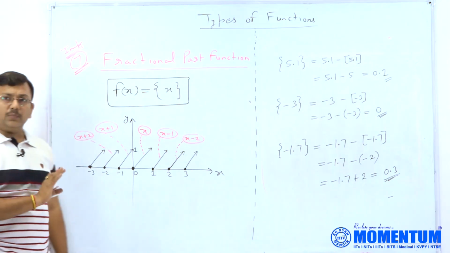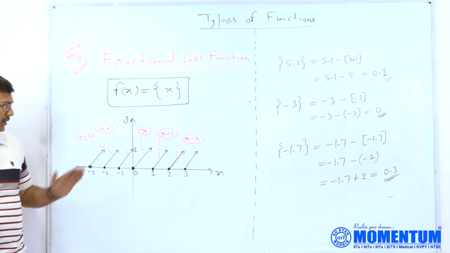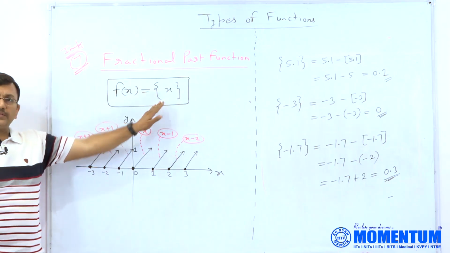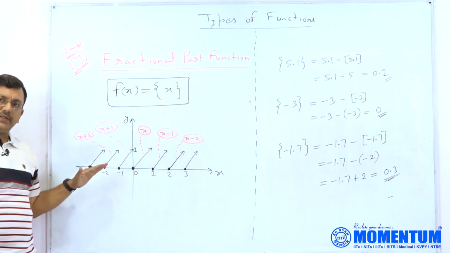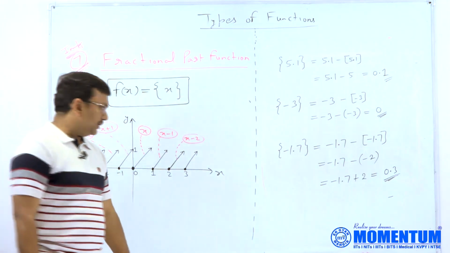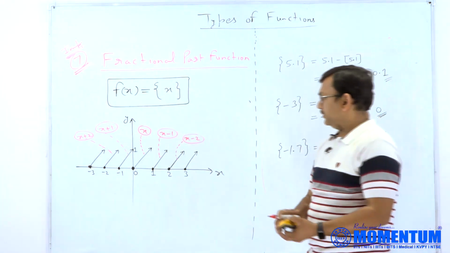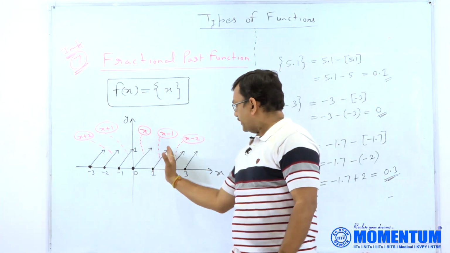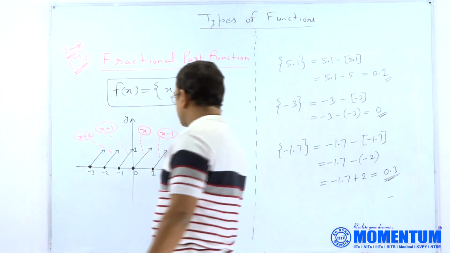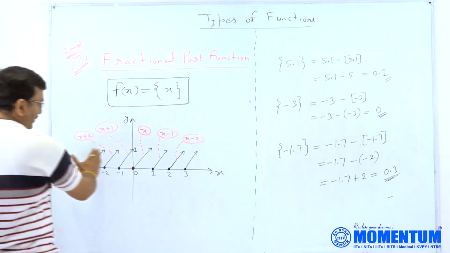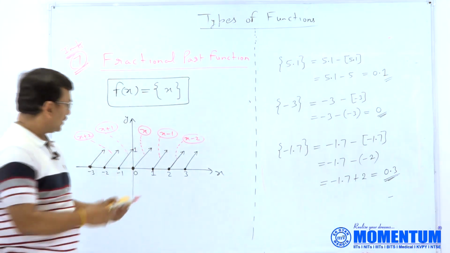So this will help you in problems. Diagram of fractional part x in terms of inclined lines, and each line has a different equation. Here on the right hand side x, x minus 1, x minus 2 and so on. On the left hand side x plus 1, x plus 2 and so on.